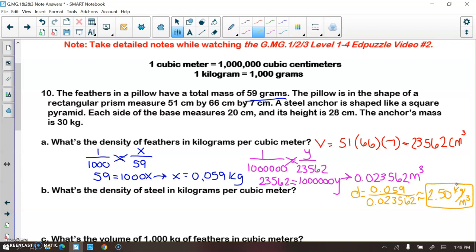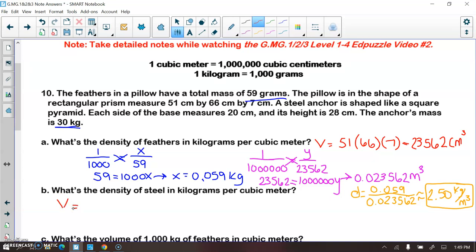So now I'm going to find the density of the steel in kilograms per cubic meter. So that's with my anchor. We already have our mass given in kilograms, so we don't have to do anything there. Let's find our volume in cubic centimeters of our anchor.